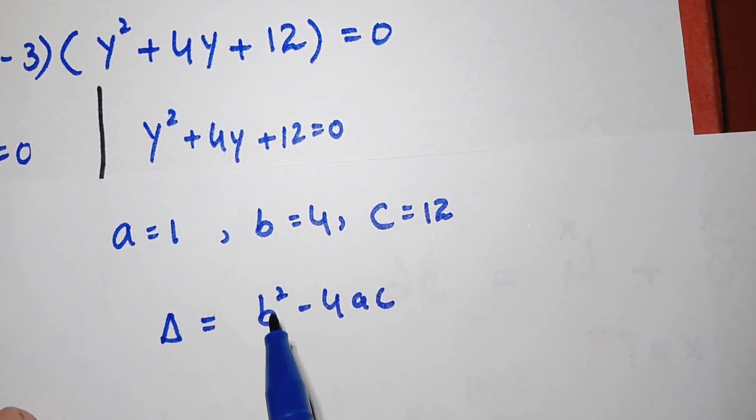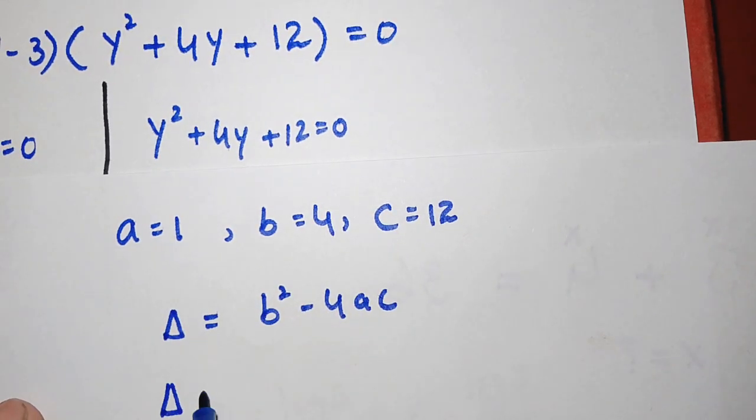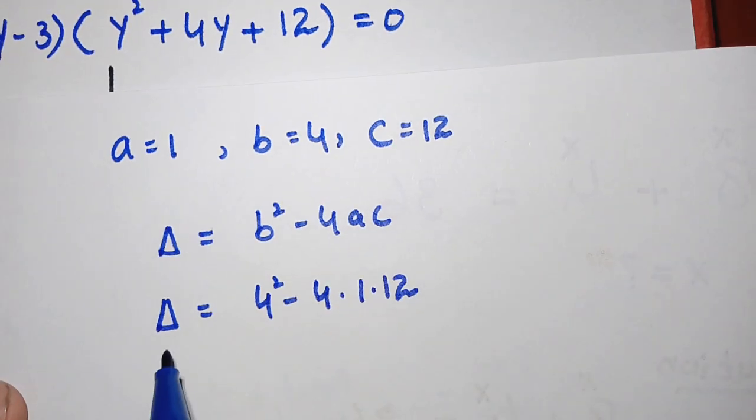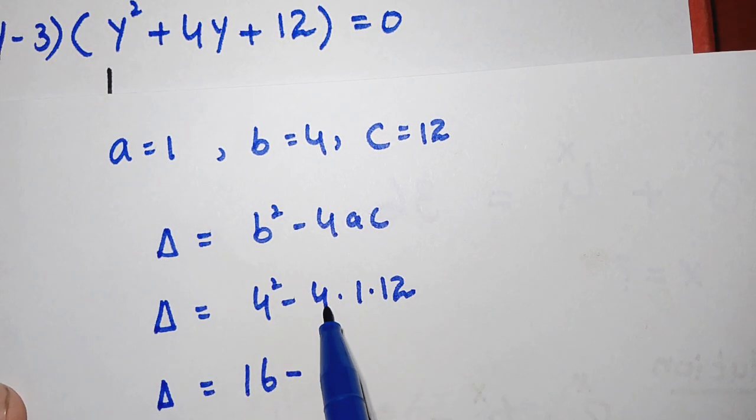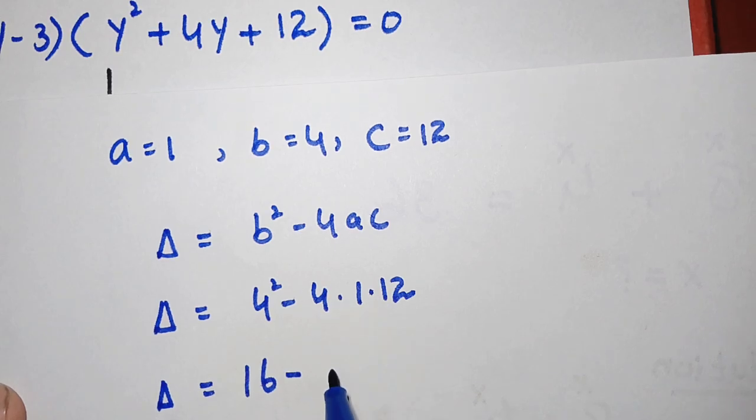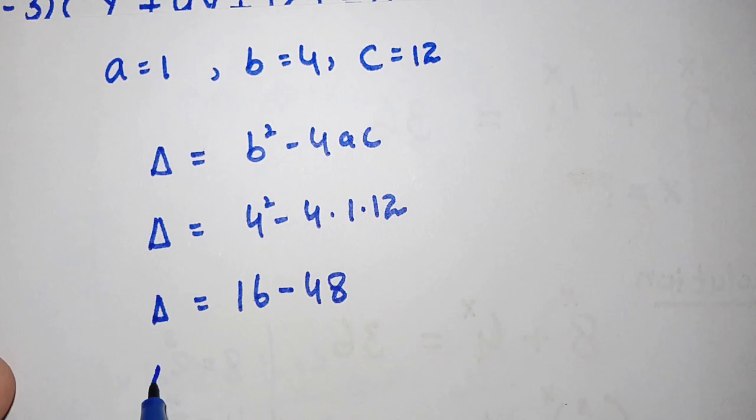So here b is equal to 4, so discriminant is equal to 4 square minus 4 times 1 times 12. So here discriminant is equal to 4 square is equal to 16 minus 4 times 12 is equal to 48, so this will become minus 48, and finally this is equal to minus 48 plus 16, this is equal to minus 32.